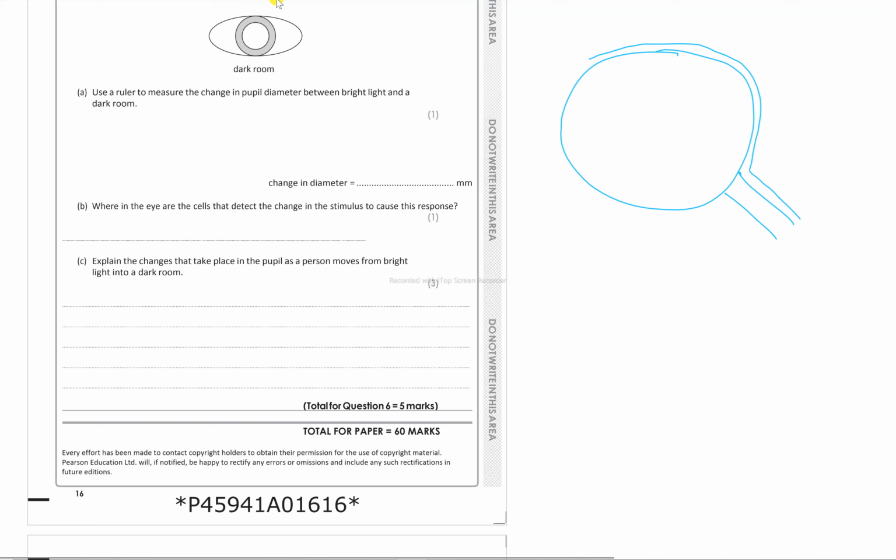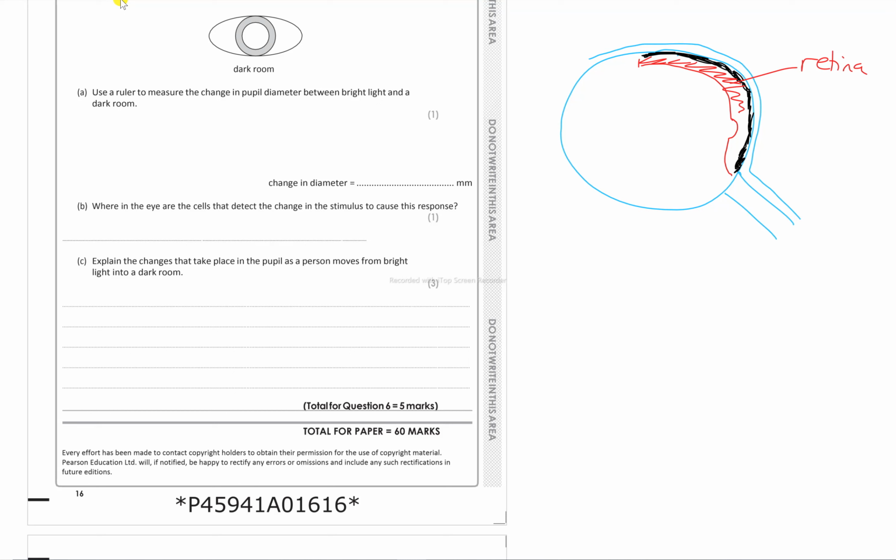Then you have an inner layer, choroid. This absorbs all the light, stops it bouncing about and forming lots of images. And then on top of that, you have the retina. It's got the cells that detect the light coming in.